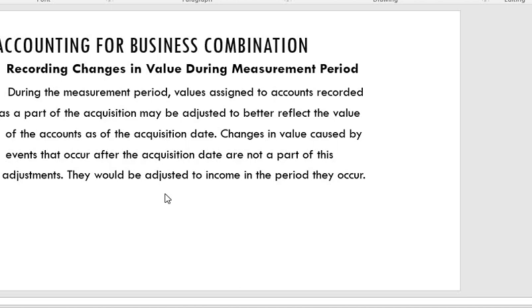So changes in the value caused by events that occur after the acquisition date are not part of these adjustments. Okay? So, pag after na siya, after the measurement period, they would be adjusted to income in the period they occur. Okay? So, same thing, if yung changes is within the measurement period, then adjust siya to goodwill. However, if after na, then di na siya i-adjust kay goodwill or kay bargain. Okay?